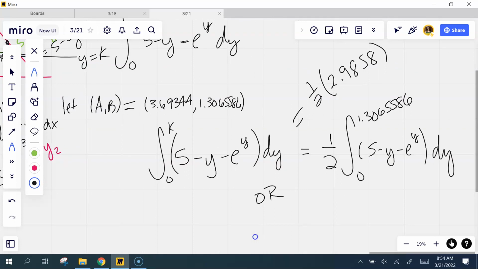It was not like the other one that we did. Because we did another one on our practice. That was a vertical line, which you have to do with respect to x. This was a horizontal line. I think that one asked us to evaluate and find an exact value. This one just asked us to set it up.